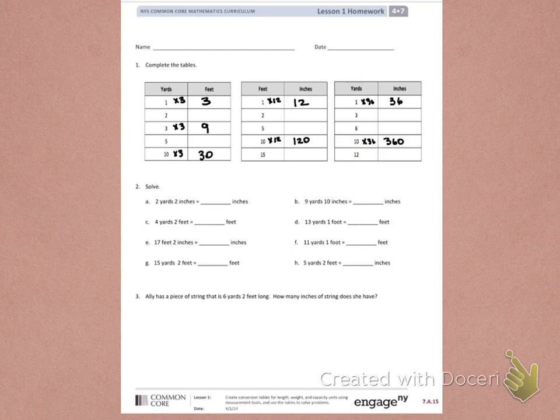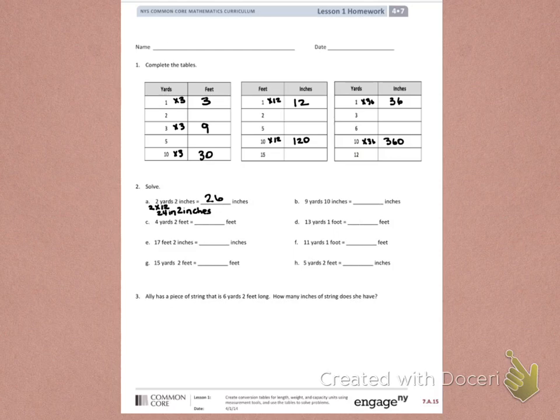So to make our yards become inches, I'm going to take my 2 yards and multiply by 12. And that's going to give us 24 inches. And then we also have our 2 inches. And since we have like units, 24 inches added with 2 inches gives us our 26 inches.